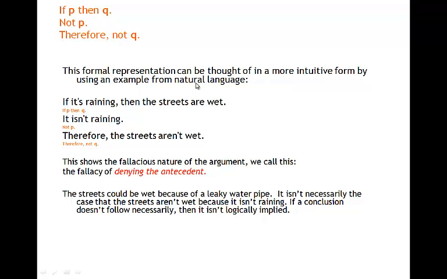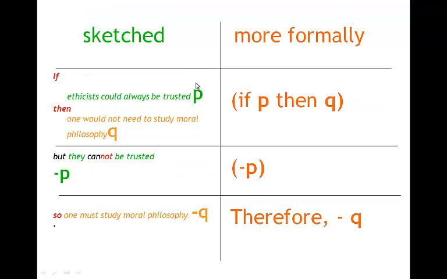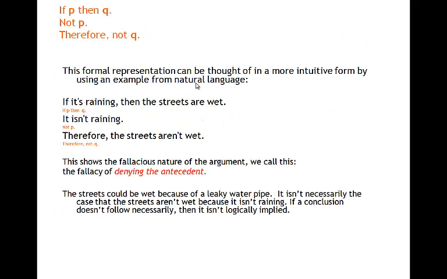And here we can see that, once we formalize it, this is an instance of the fallacy of denying the antecedent. And what you could do here, if you want to pause the video, is examine another more intuitive example of why it's fallacious to deny the antecedent, and take a look at that for yourself.